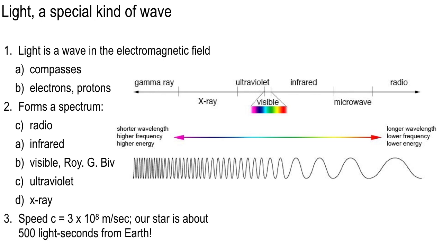Now the speed of light is 3 times 10 to the 8 meters per second, which is 300 million meters per second. Really, really fast. One way to think about that is the amount of time it takes light to go from the surface of the sun to our planet is about 500 seconds.